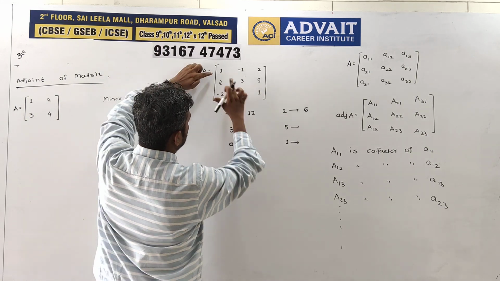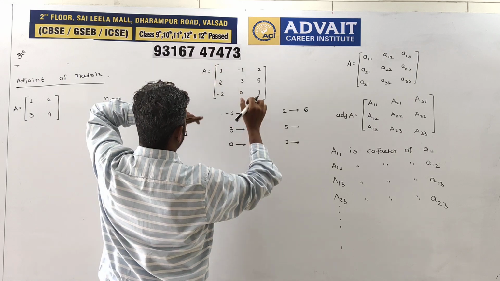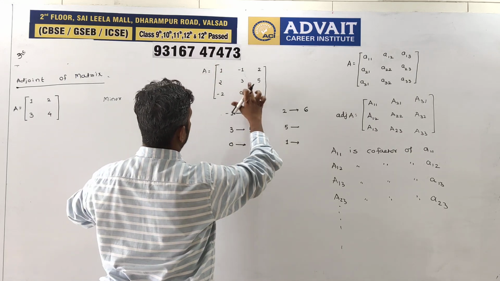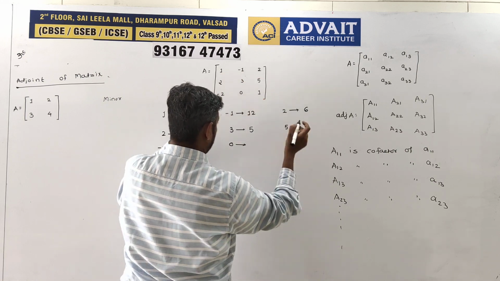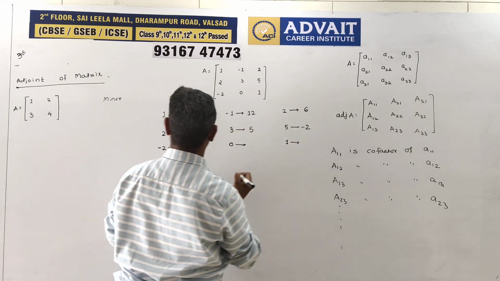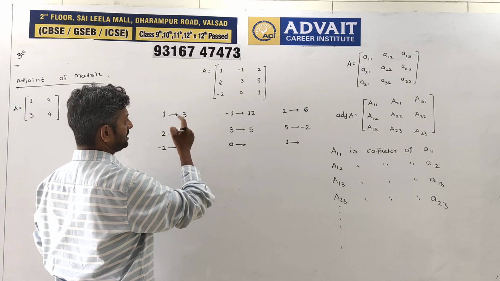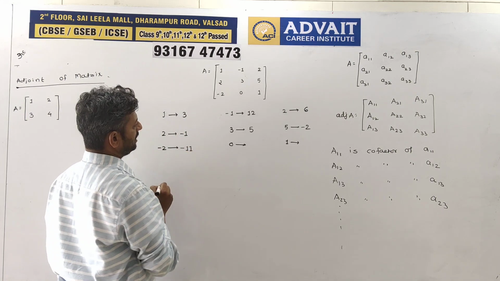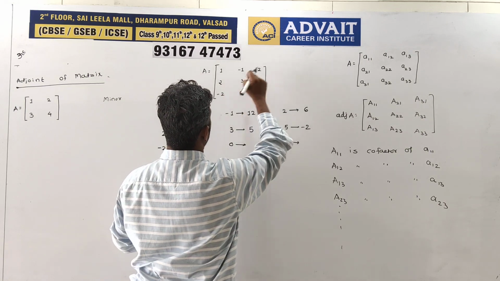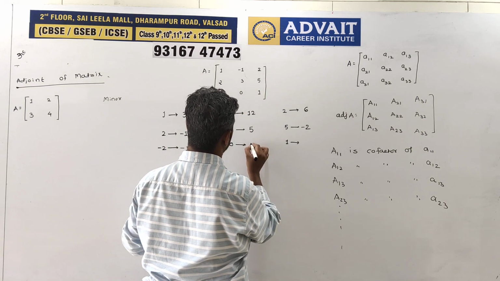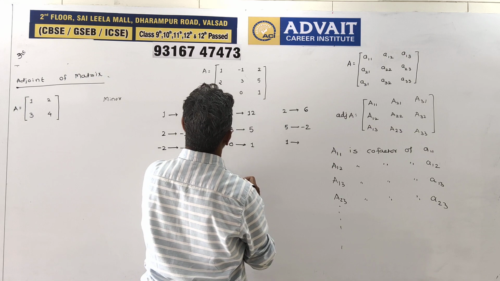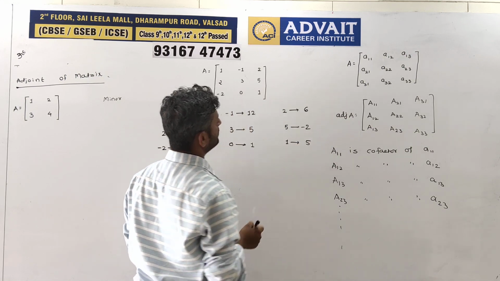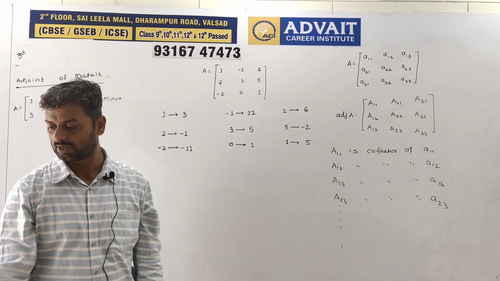Then for 3, 1 minus minus 4 is 5. For 5, 0, minus 2. Minus 2, minus 5, minus 6, minus 11, 0, 5, minus 4, 1 and 1, 3 minus minus 2 means 5. This is our minor.